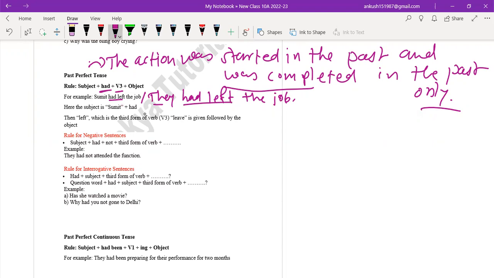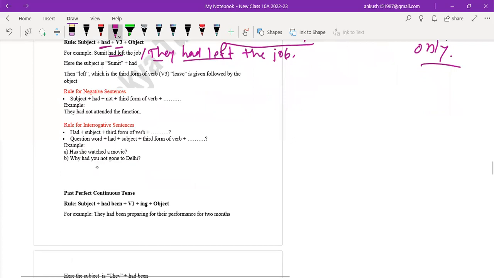Negative sentence, definitely after had you have to use not and third form of the main verb, as they had not attended the function. For interrogative, the same rule would be applied, as you have to put the helping verb in front of the subject, and there you would use the rest of the structure as it is.